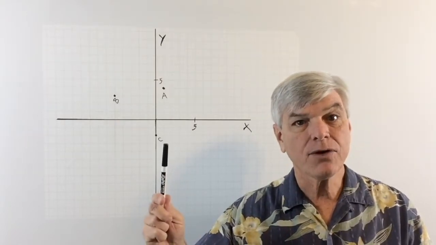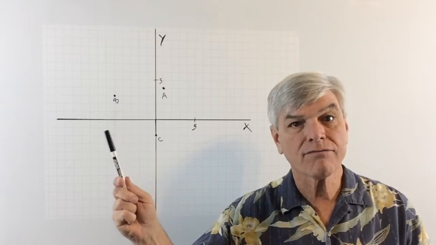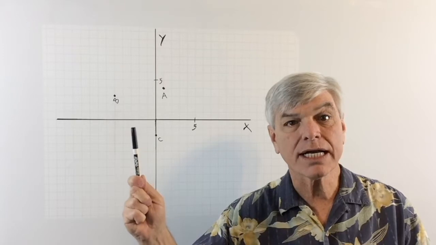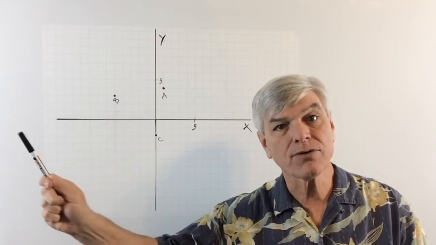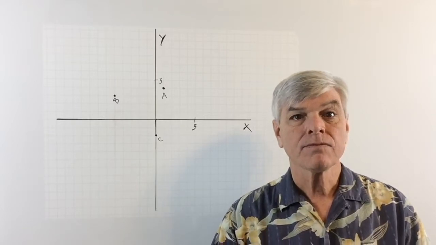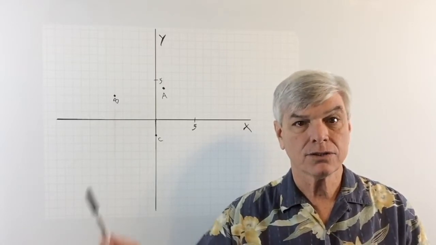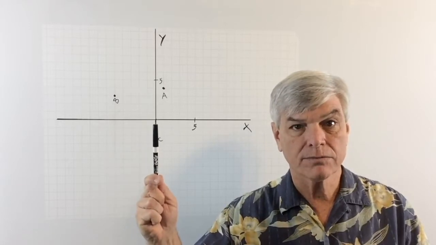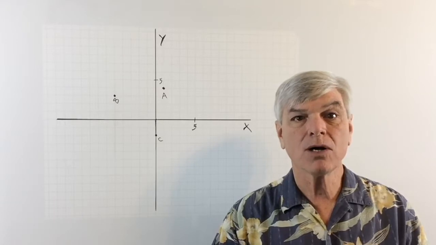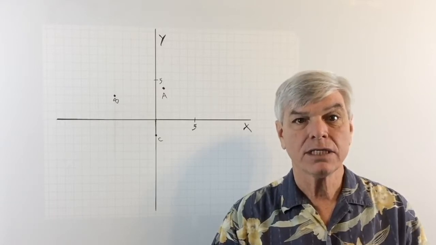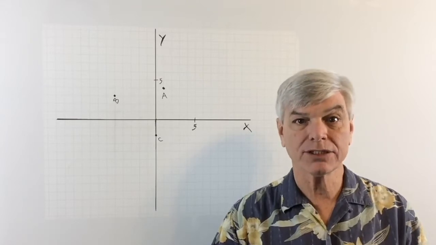But if you go to the left, it's -1, -2, -3, -4, -5, -6, on out to infinity. So on the x-axis, from the center, if I go to the right, I'm going in a positive direction. If I go to the left, I'm going in a negative direction.